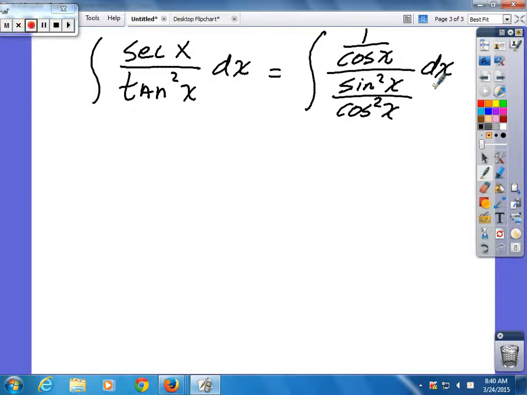Now, if it was secant squared of x, then you could do something. But it's not. Take a few minutes and work on that.